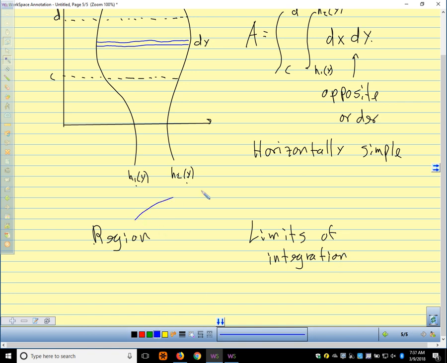So to be able to translate from a region to the limits of integration, and also be able to translate from the limits of integration to a region. That's going to be one of the key tools that we're going to develop in chapter 14, the ability to go back and forth, because that's going to be important. And we'll do some examples coming up to show why that is the case.